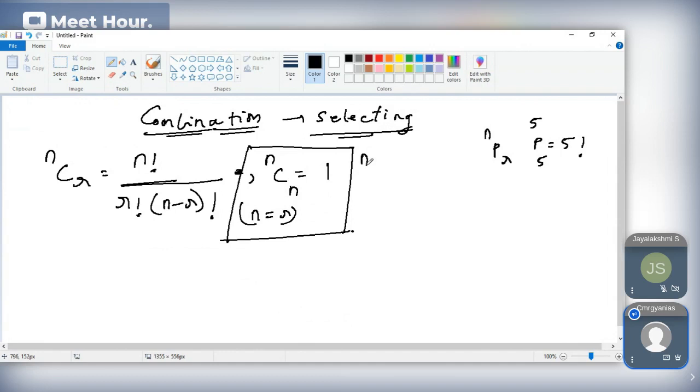And if it is nC0, if r is equal to 0, then also the answer is always 1. These two rules you should remember. This one formula and these two rules you must remember. So nCr is equal to n factorial divided by r factorial into (n minus r) factorial.